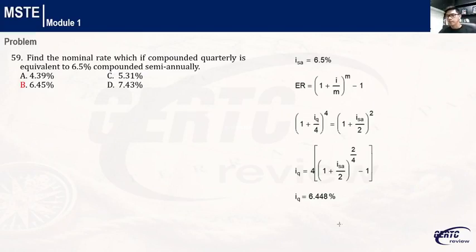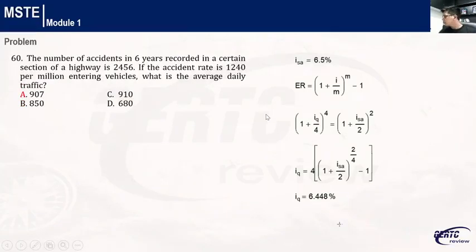Okay. So, number 60. Copy and move ako sa number 60. Okay, the number of accidents in 6 years recorded in a certain section of a highway is 2456. The accident rate is 1 to 40 per million entering vehicles. What is the average daily traffic? Okay, so formula lang ito.